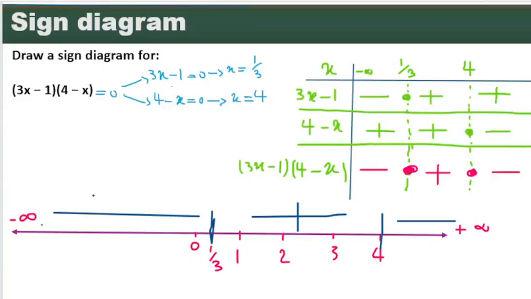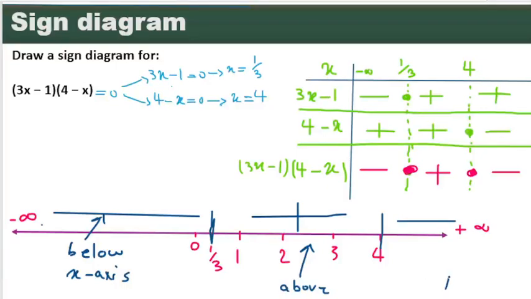Here it means that less than 1/3, the graph would be below the x-axis. And here it shows it's above the x-axis. Here again, the graph would be below the x-axis.